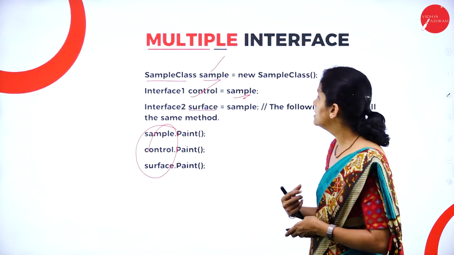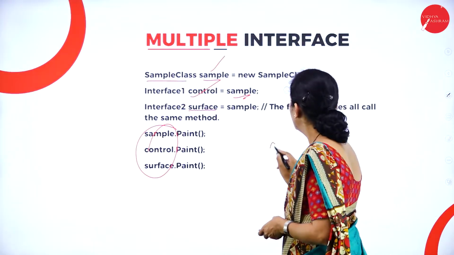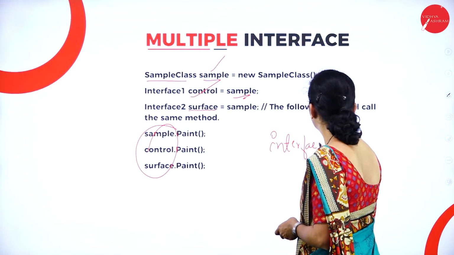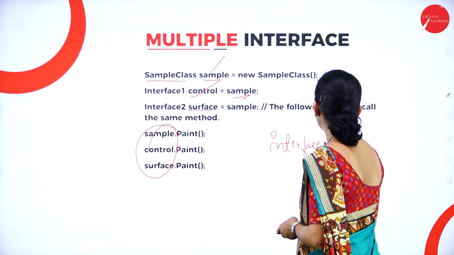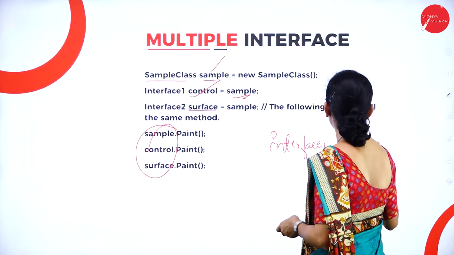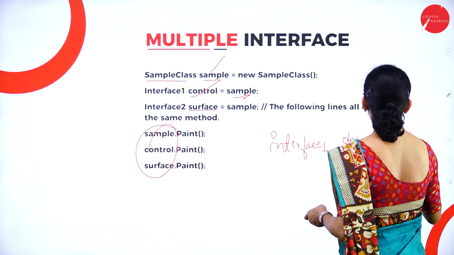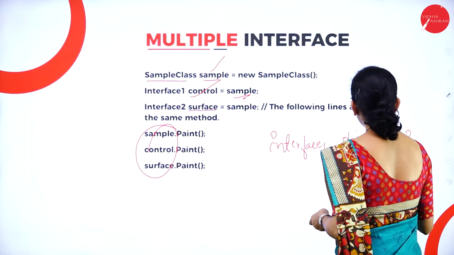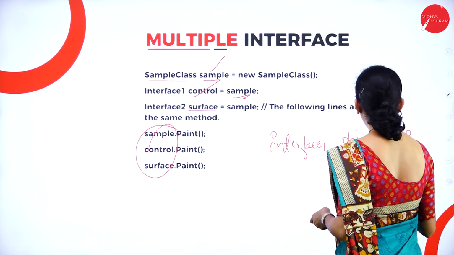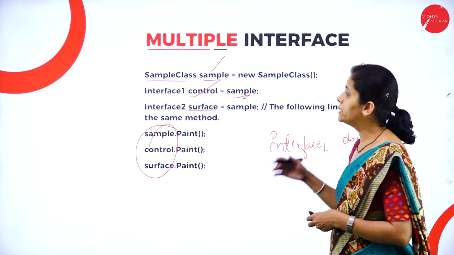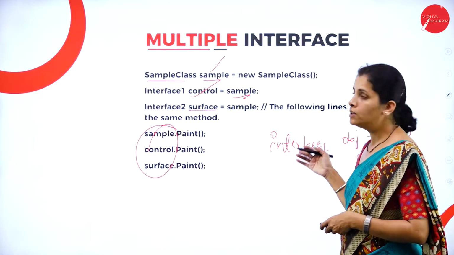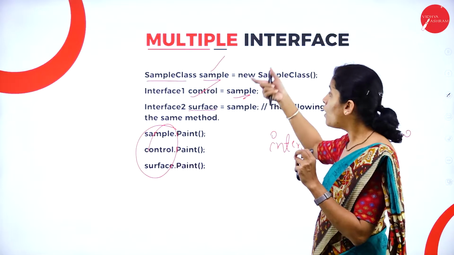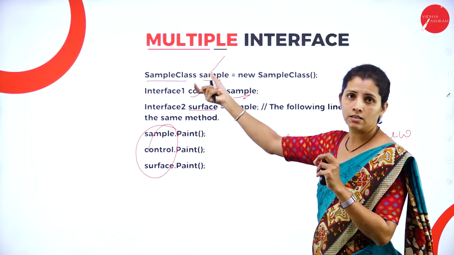That means, see here, interface 1, obj equal to new interface 1. This is wrong because I am not able to create an object of the interface type. So what I did, see, first I am going to create the object of the class.